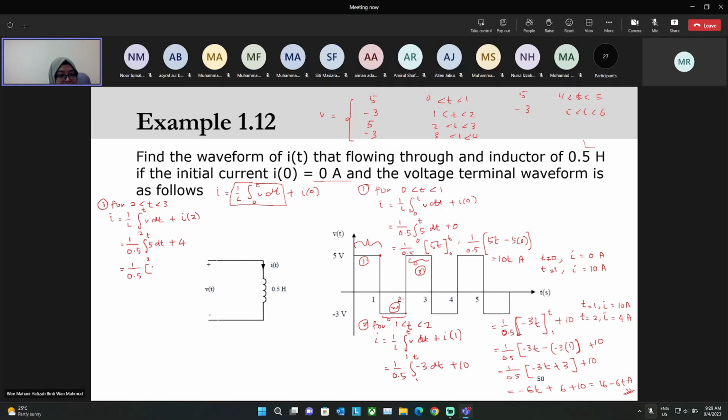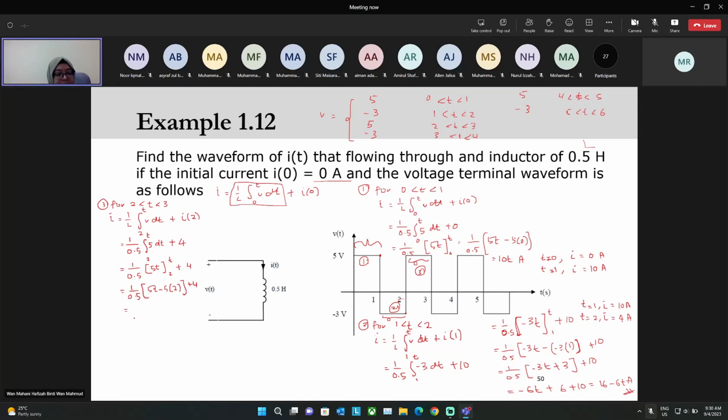Integrate 5 dt, you dapat 5 t. 2 dengan t, dia punya senggat lower and upper limit, and then plus 4. 1/0.5 ganti dengan T, 5T, minus with, ganti dengan lower limit, 5 darab 2. Tambah 4.